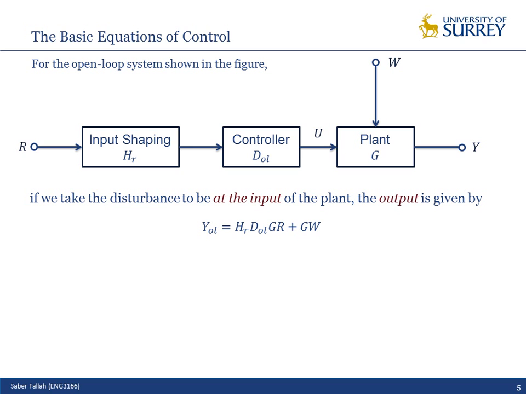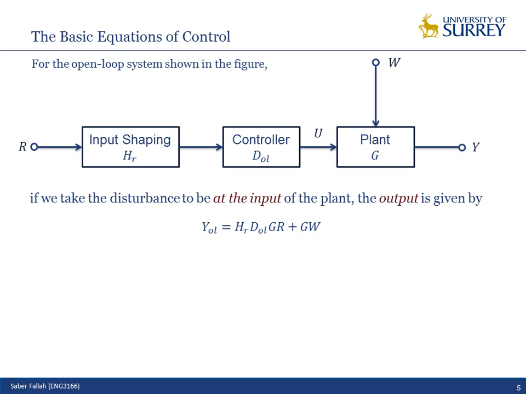The output of the system is the summation of the responses to each input. So, for simplicity, to calculate the overall output of the system, based on the superposition, first I ignore W and just consider the reference input.